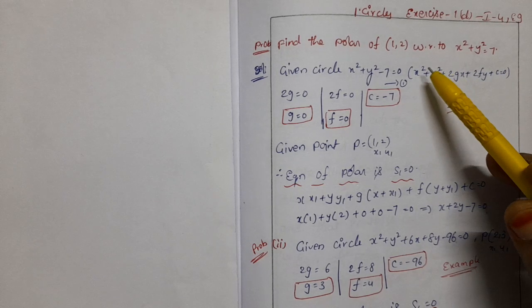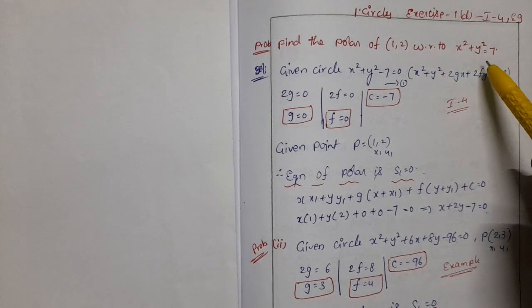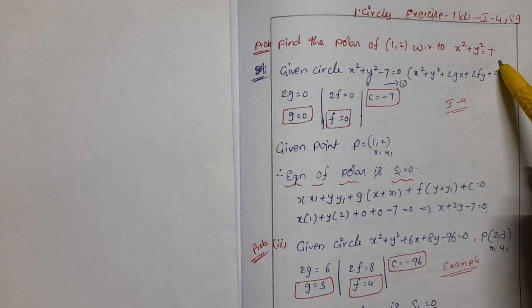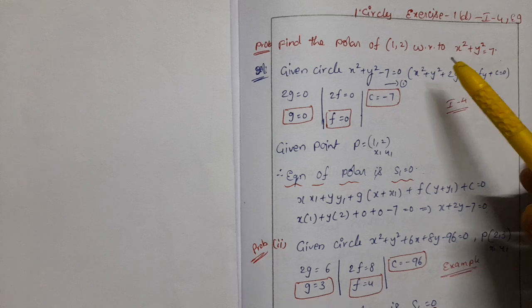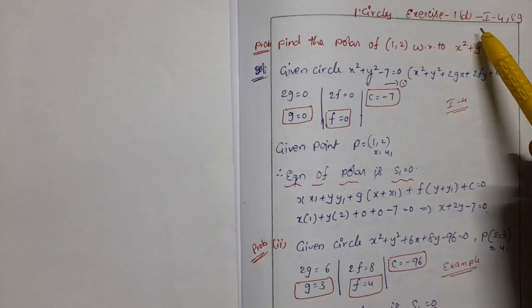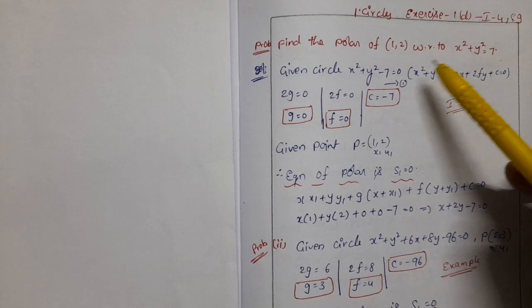Find the polar of (1, 2) with respect to the circle x square plus y square equal to 7. Exercise 6D, first Roman, fourth problem.